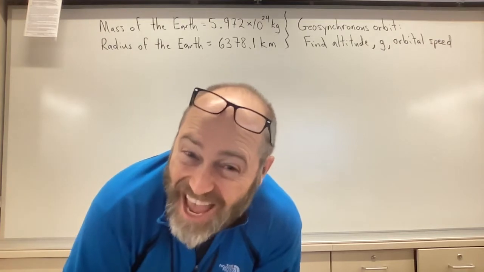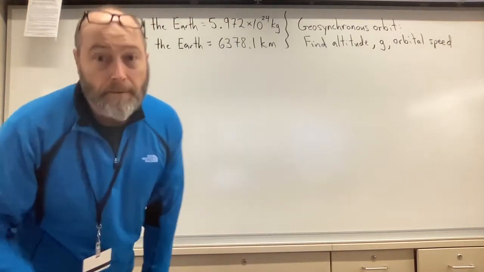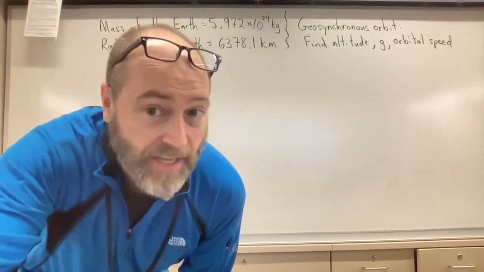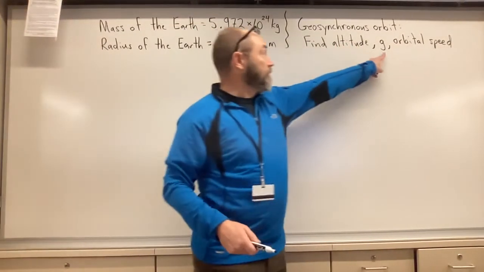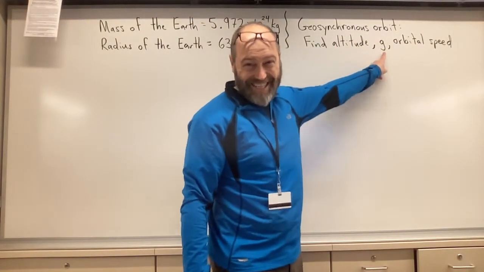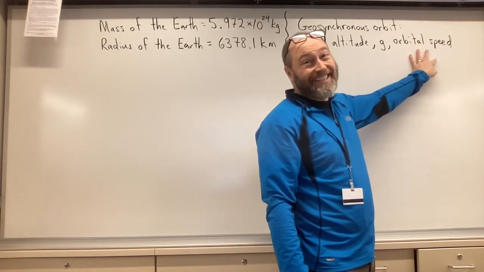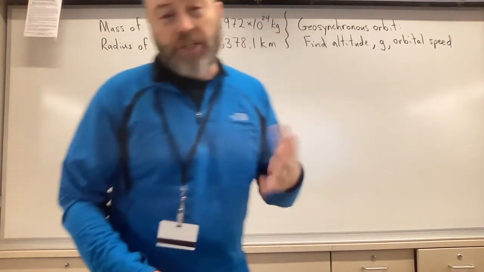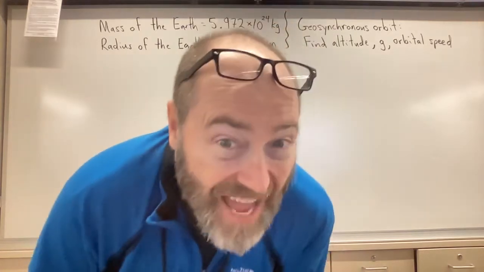So I have a satellite in geosynchronous orbit over the Earth, and we need to find the altitude of that satellite, the gravitational field strength where that satellite is, and, once it's up there, what the orbital speed is. So that's what we're going to figure out.